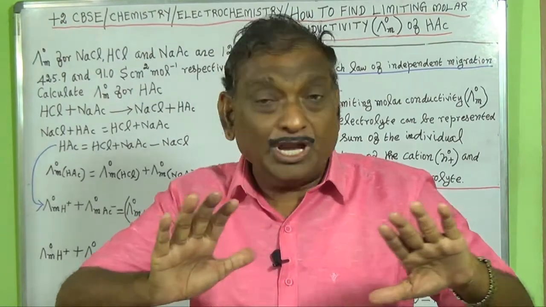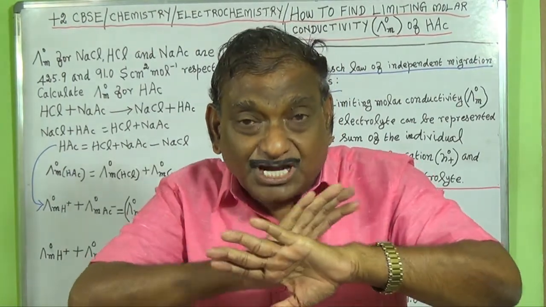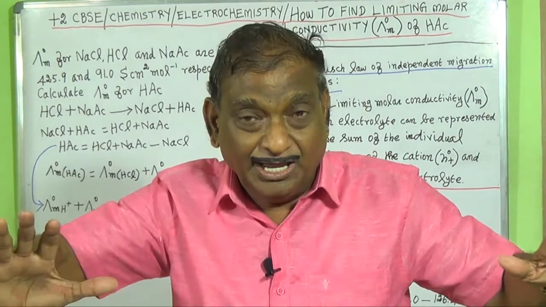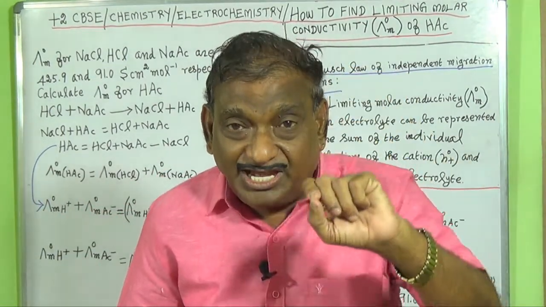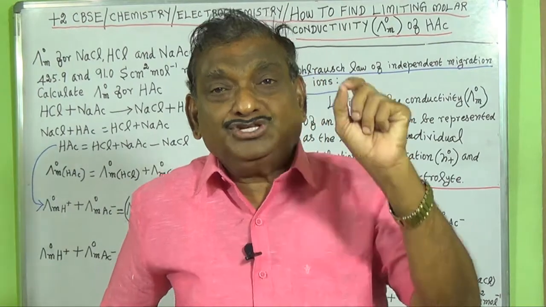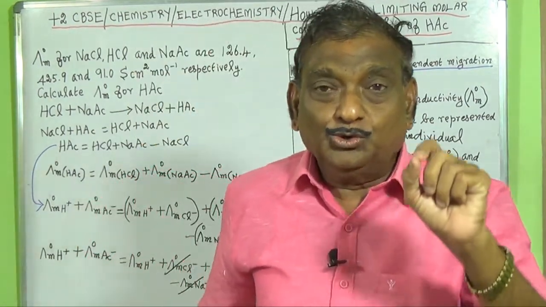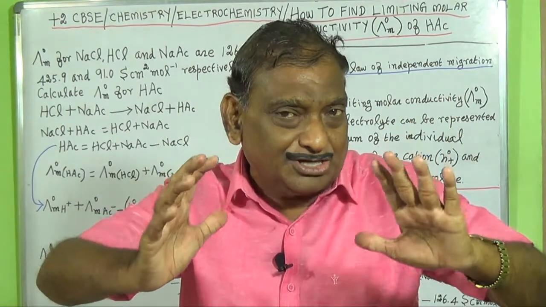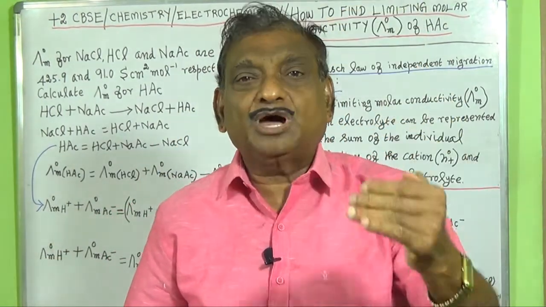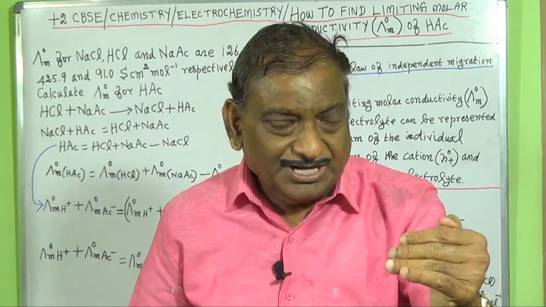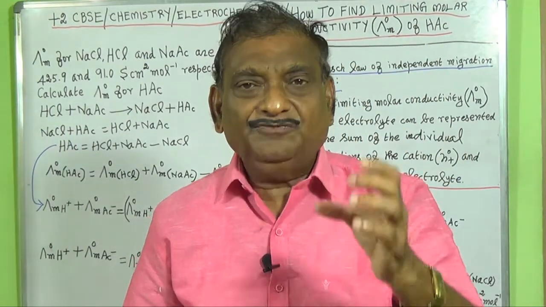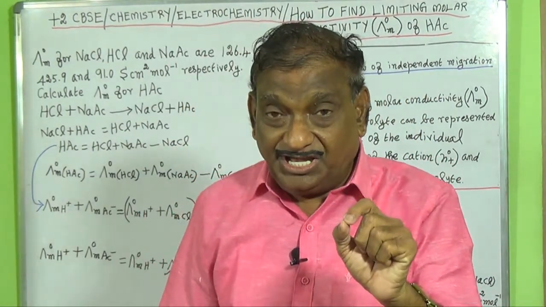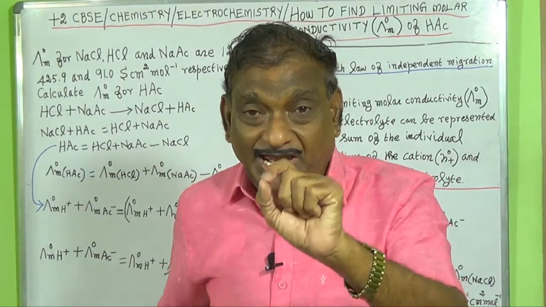A weak electrolyte does not ionize or dissociate completely. It partially ionizes into its constituent ions, cations and anions. These are the details about electrolytes, strong electrolytes and weak electrolytes. In the case of hydrogen acetate, it is a weak electrolyte.